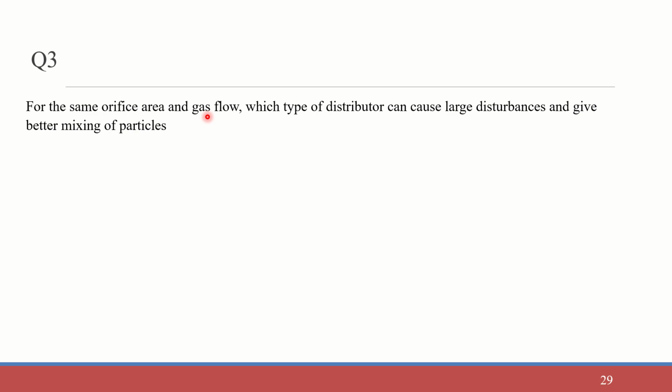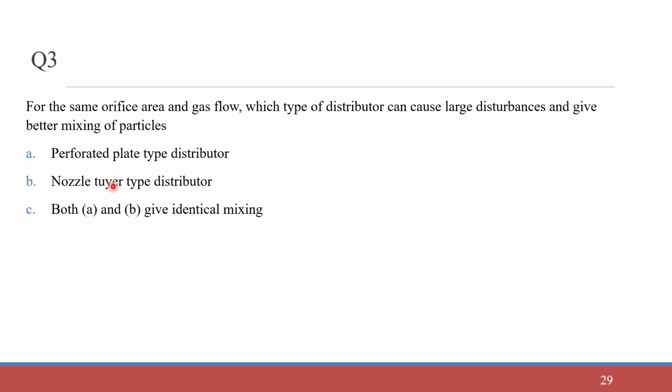Question 3: for the same orifice area and gas flow, which type of distributor can cause large disturbances and give better mixing of particles?